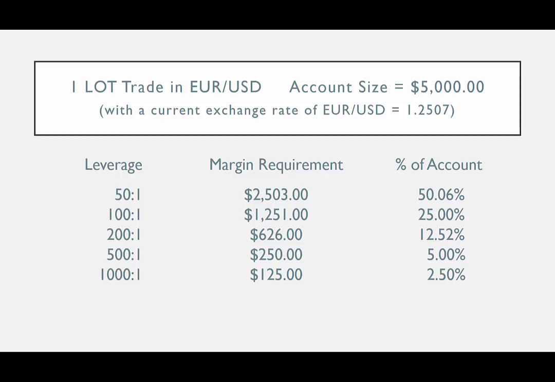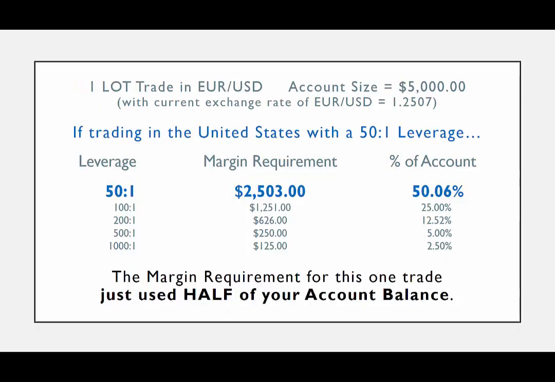This chart shows you the huge difference in what the margin requirement is at different leverage ratios. If you are trading in the United States and are using a leverage of 50 to 1, the margin requirement for the trade would be $2,503, which accounts for half of your account balance.